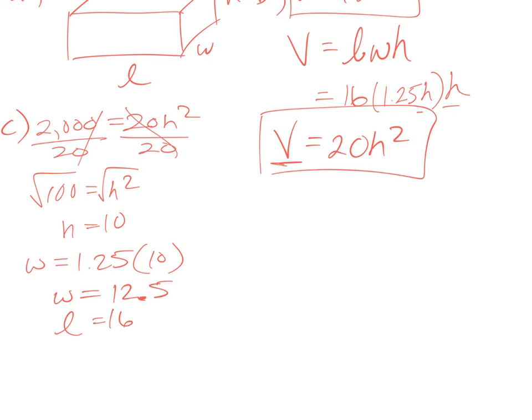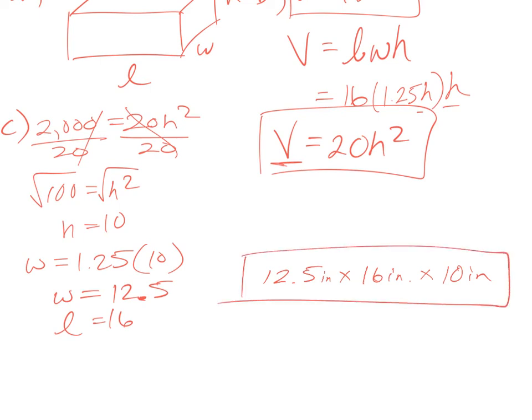Okay, so it's the width, and use a multiplication symbol. Yeah, 12.5 inches by 16 inches by 10 inches. Okay, that's how you express the dimensions. All right, there's example 5.